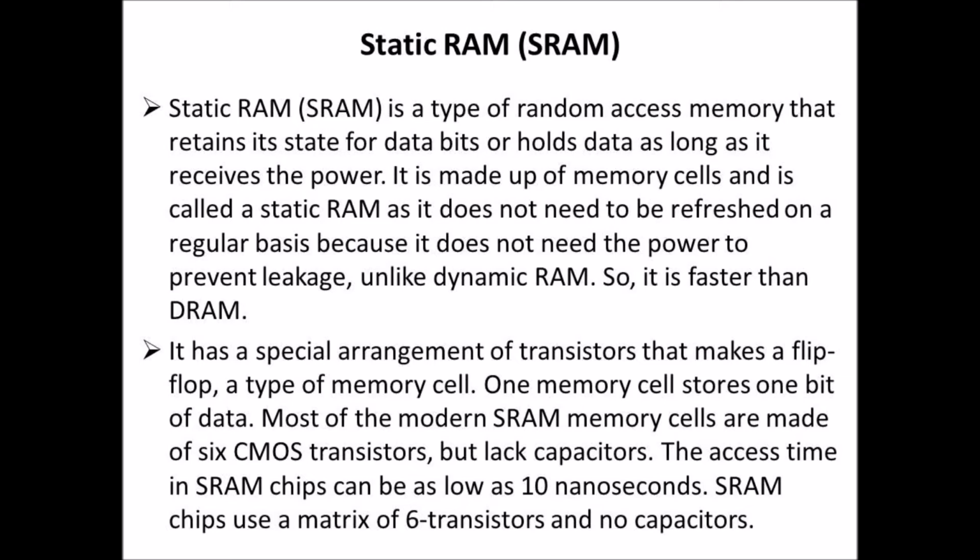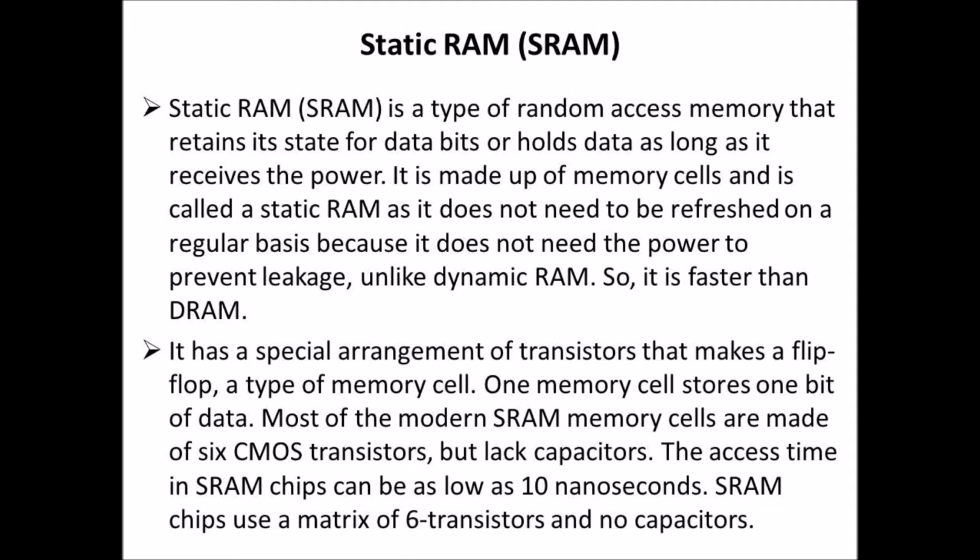It is made up of memory cells and is called a static RAM, as it does not need to be refreshed on a regular basis because it does not need the power to prevent leakage, unlike dynamic RAM. So, it is faster than DRAM. It has a special arrangement of transistors that makes a flip-flop a type of memory cell.